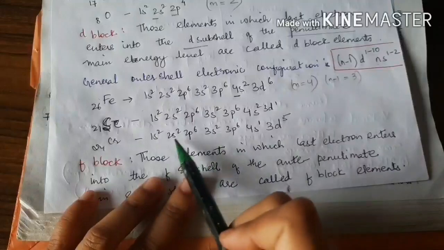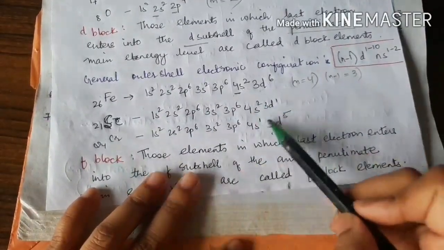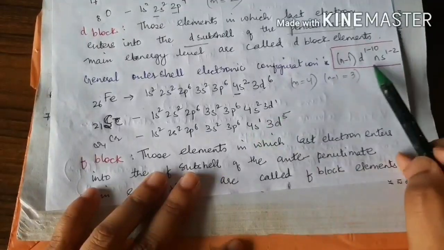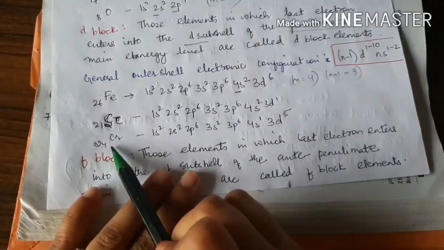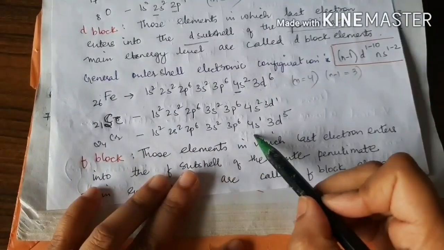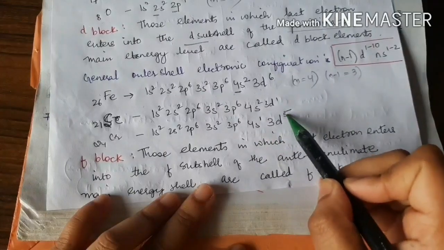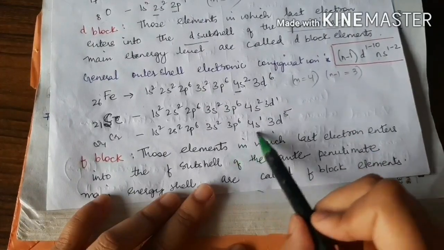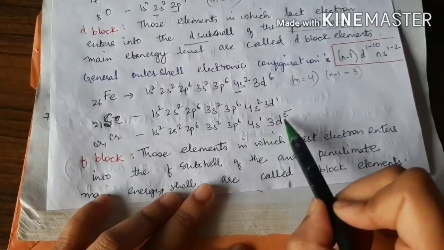Got it? Now if you take scandium 21, you get 4s2 3d1. Now for chromium, have a look. You know chromium will have an exceptional configuration. Expected is 4s2 3d4, but because this configuration is more stable, it will have 4s1 3d5.